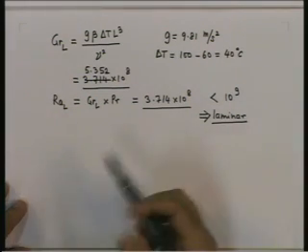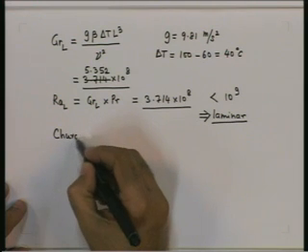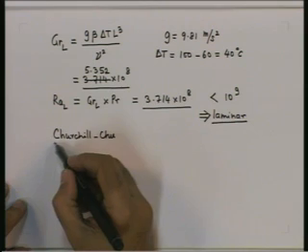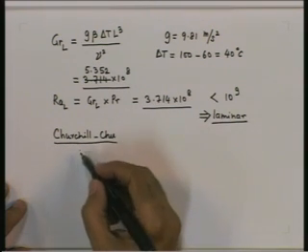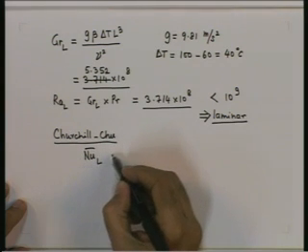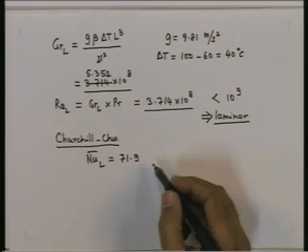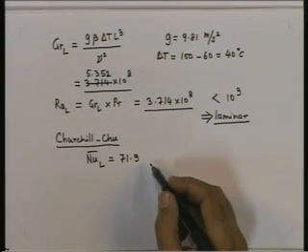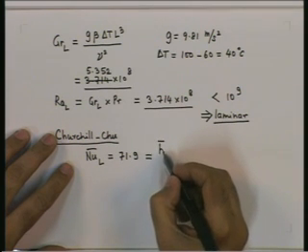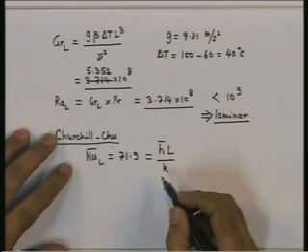If we substitute into that using the Churchill-Chu correlation, we will get the average Nusselt number based on L to be 71.9, which is defined as the average heat transfer coefficient into L divided by conductivity of air.